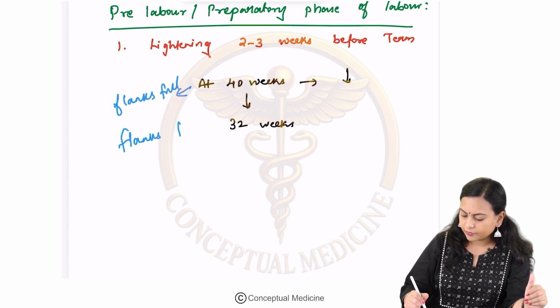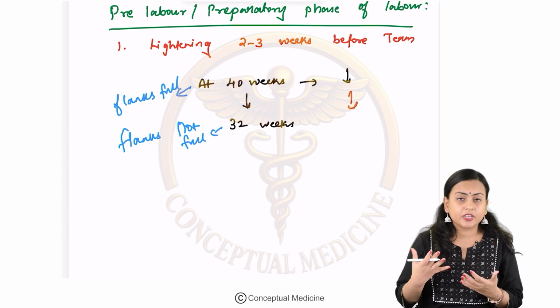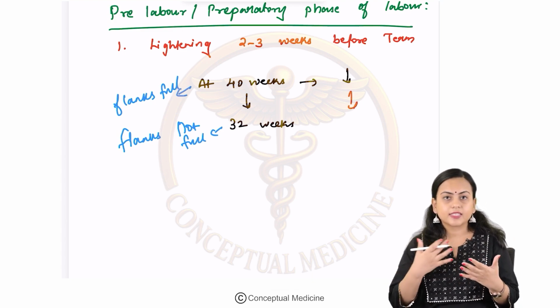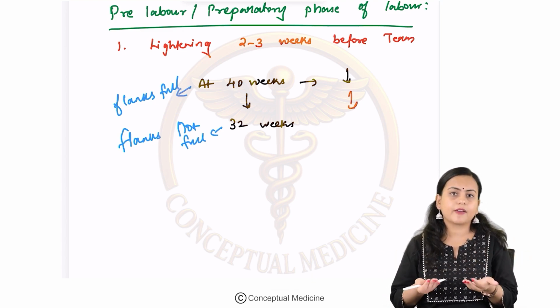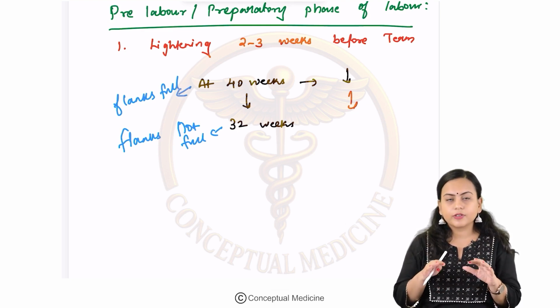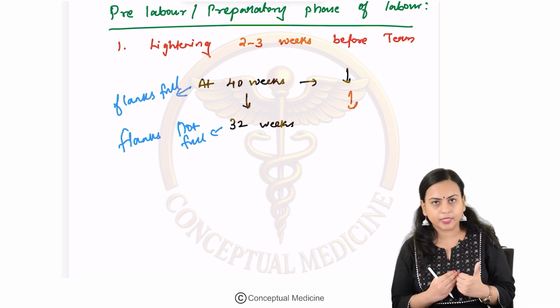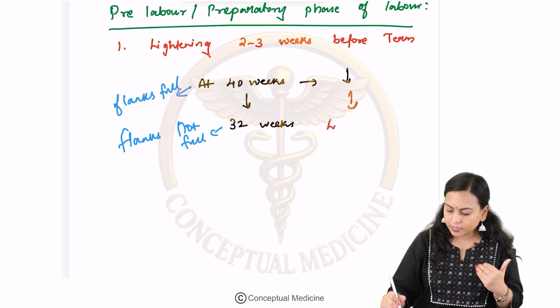Flanks full, and here the flanks are not full. Okay, but as the descent is happening, what is going to happen? There is a compression of the gravid uterus over the lungs, diaphragm, etc., and the patient will be having so much difficulty in breathing. Now, as the uterus is going to descend down, she will get relief from this compression and she is going to feel more comfortable in breathing. Okay, so that is known as lightening.